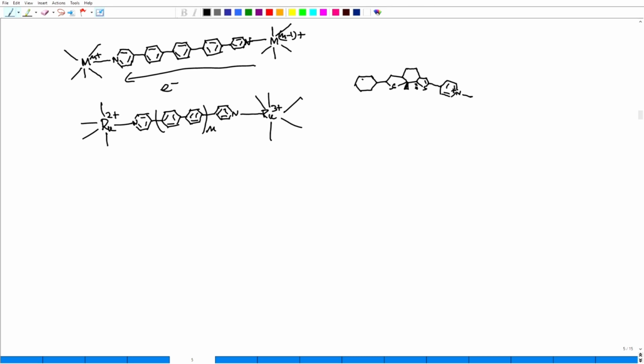Positive. So, this is the compound, and what about here?